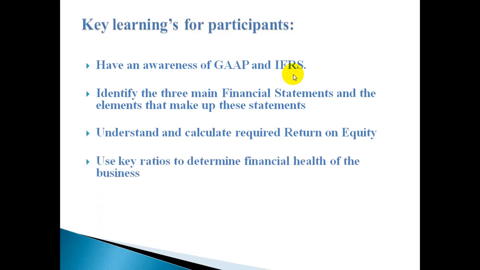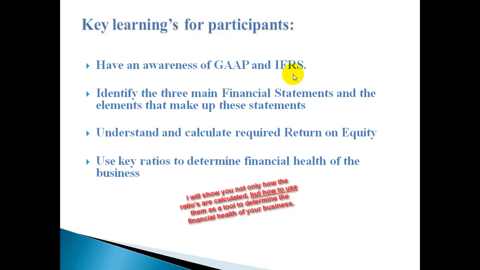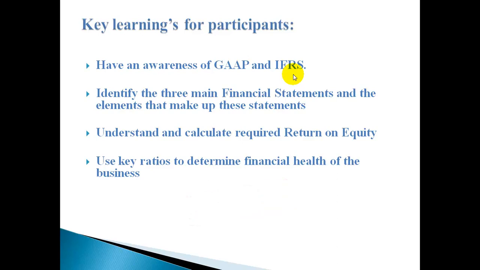You're going to use ratios to determine the financial health of your business. So with my workbook, which I share with you and go through with you in module 19, you will be able to determine how healthy your company is and if it's got a high probability of remaining in business in the next 12 months.